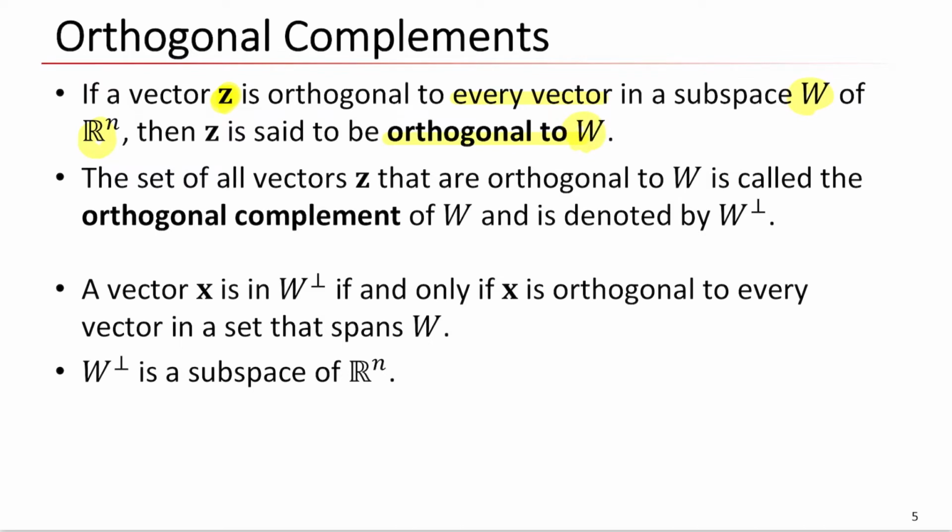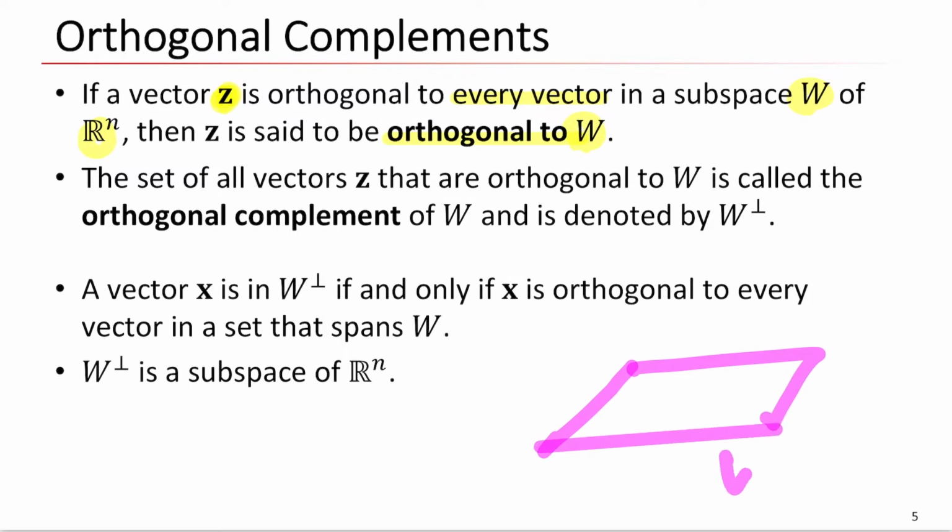So first of all, if there is a space W like this, and there is another vector z here, and let's say this z is orthogonal to every vector in subspace W, then z is said to be orthogonal to W, something like this, right?